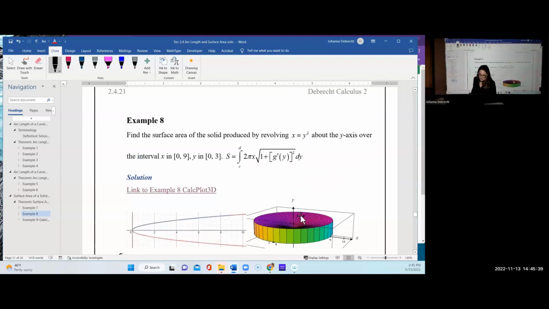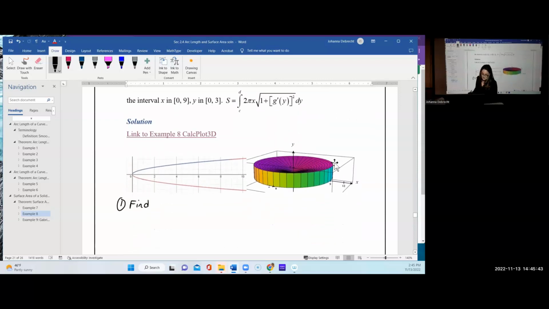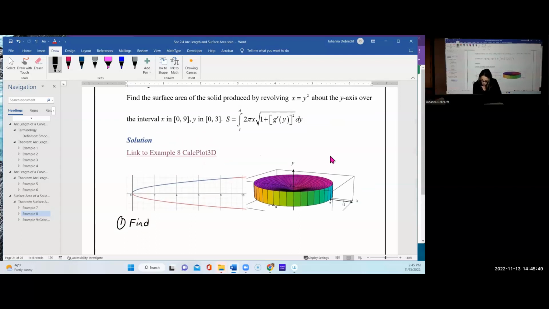And in fact, that's the way it was represented, x equal y squared. So x is g of y. So now we find g prime of y, which is just going to be 2y. And then we need to square that, which is just going to give us 4y squared.